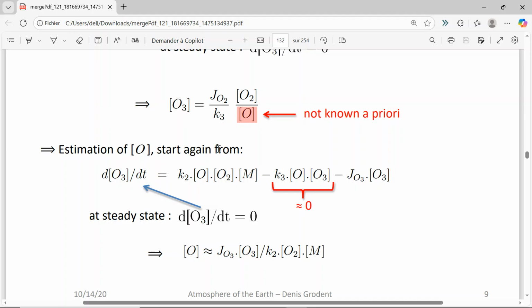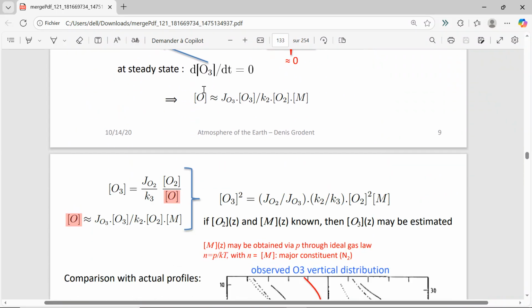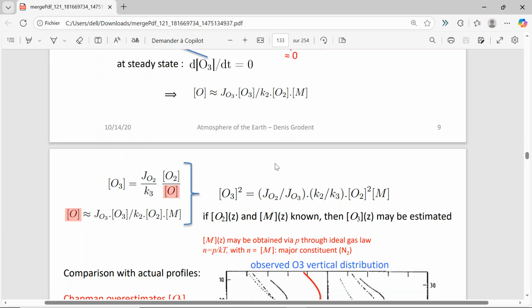However, we need to know the concentration of atomic oxygen. We go back to the variation of the ozone quantity, assuming steady state, and we can express the atomic oxygen concentration based on the one of the ozone, the one of the molecular oxygen, and the third body recombination one.